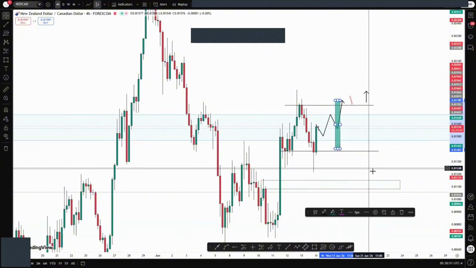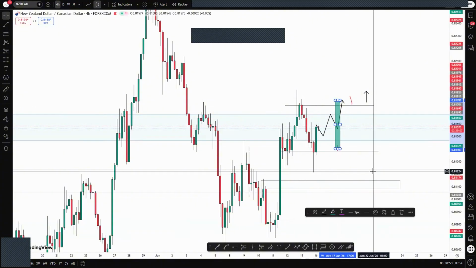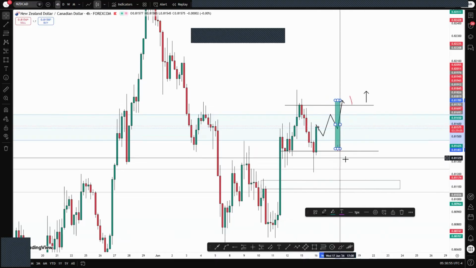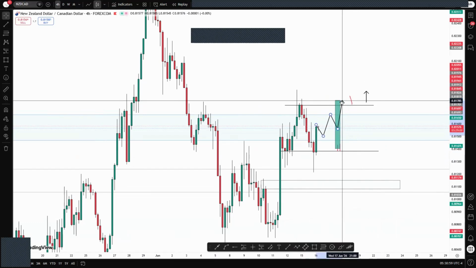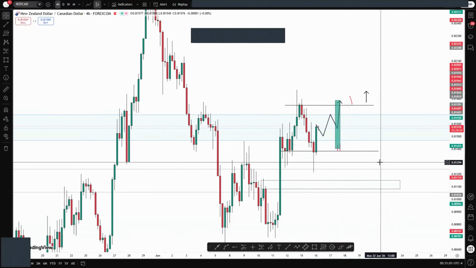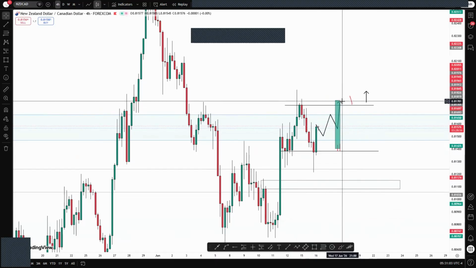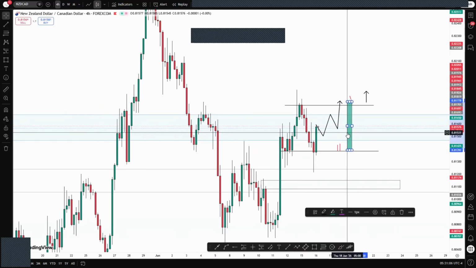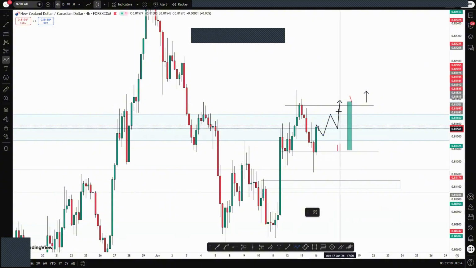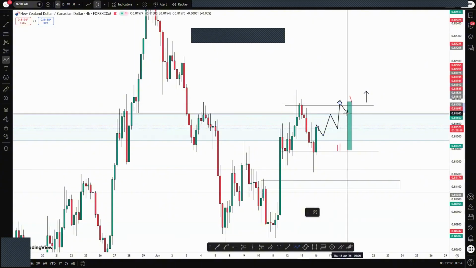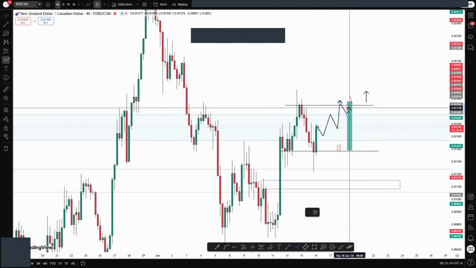Show us that the daily is holding. Okay, and we can look for buys. So when we get the 4 hour break, we just wait for a retest and then we can buy.